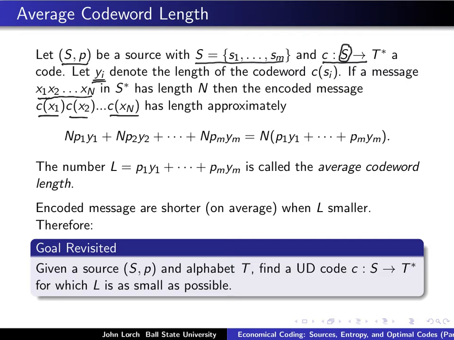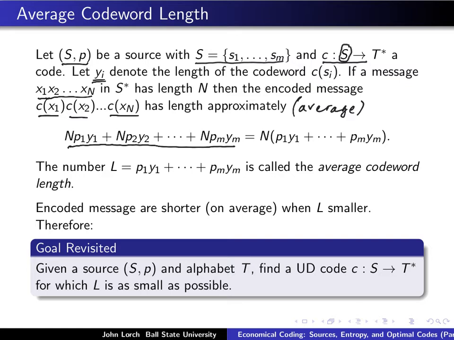What we want to know is, on average, how long is the resulting coded message? That's important because we're trying to make these coded messages as short as we can. The expected or average length of the encoded message is going to be this sum.